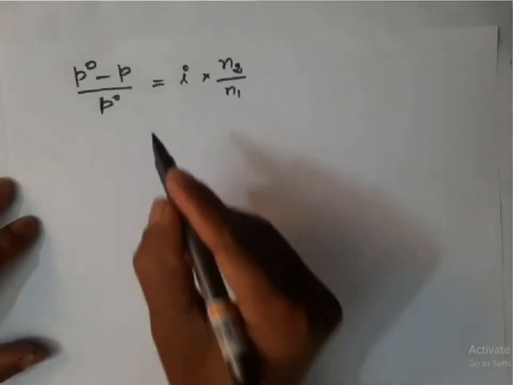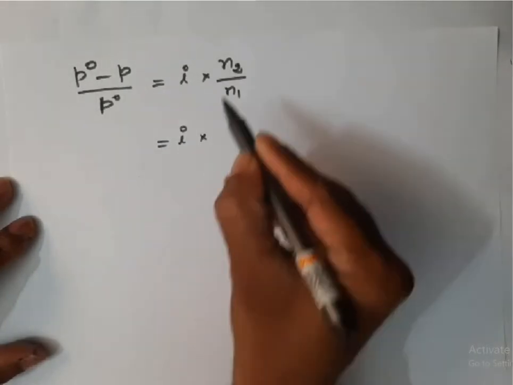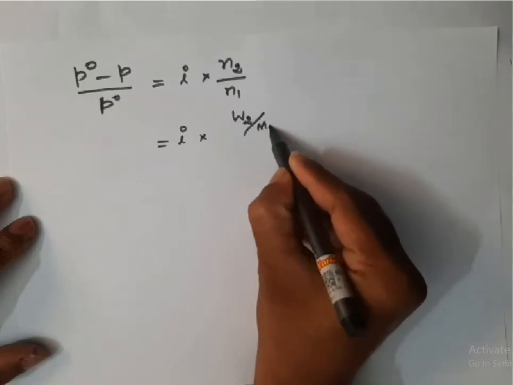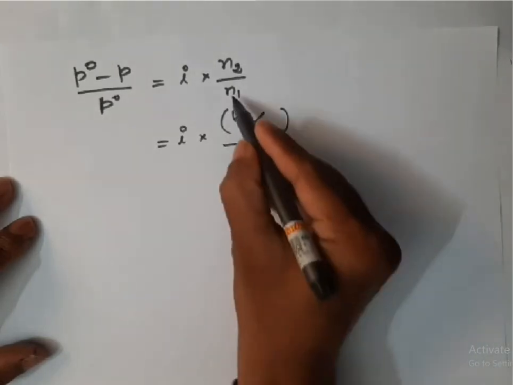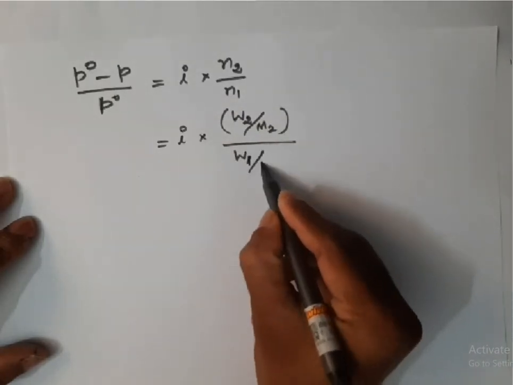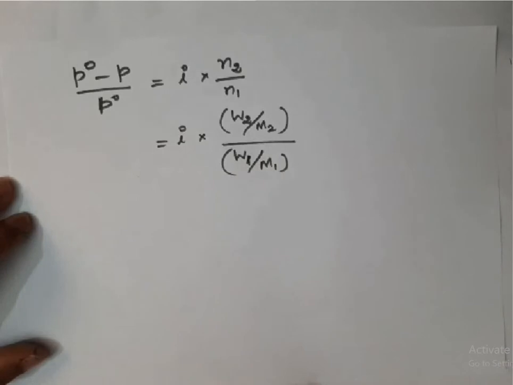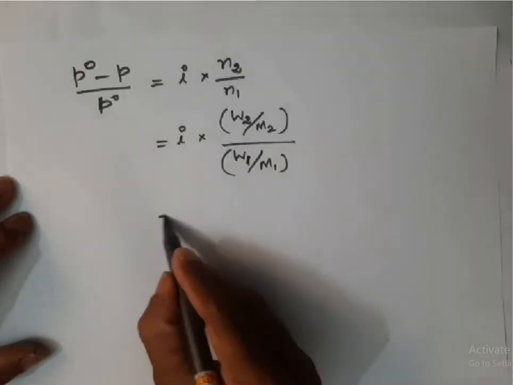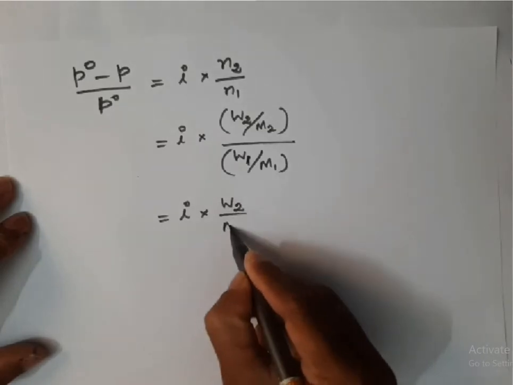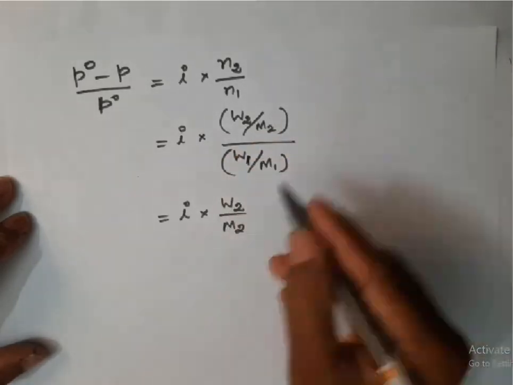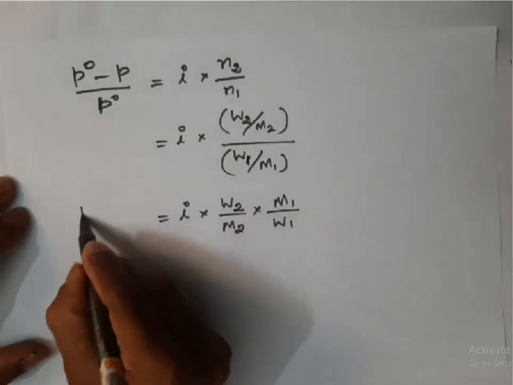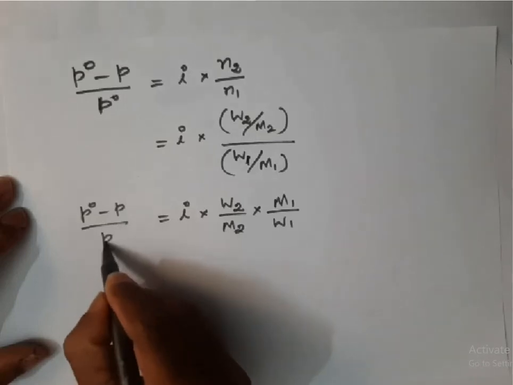What is the number of moles of solute? Mass of solute by molar mass of solute. Number of moles of solvent is mass of solvent W1 by molar mass of solvent. I'll keep W2 by M2 as such, and bringing the other to multiplication, you get M1 by W1. So P0 minus P by P0 equals this.